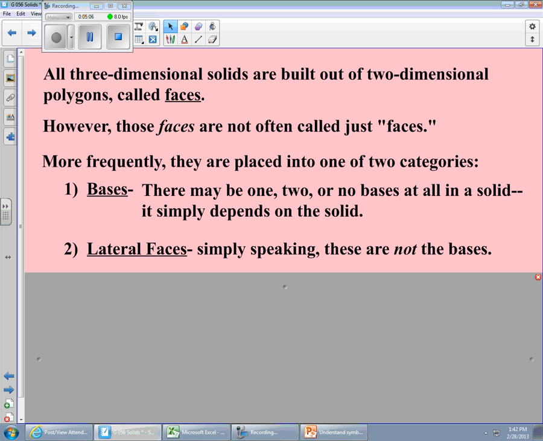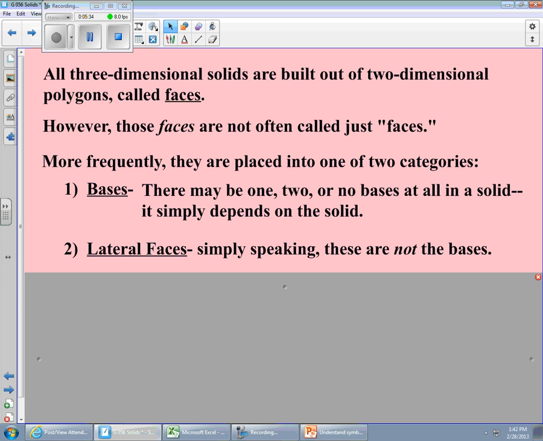The second subgroup of our faces are what are referred to as the lateral faces. Now, generally speaking, lateral faces are the sides that are simply not the bases. It's going to be very important to us to identify which sides are the bases.